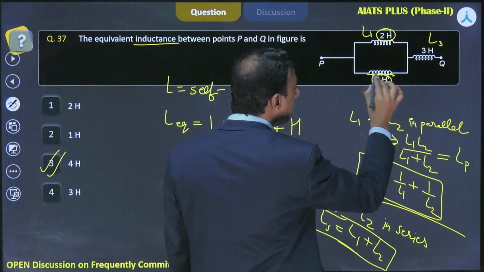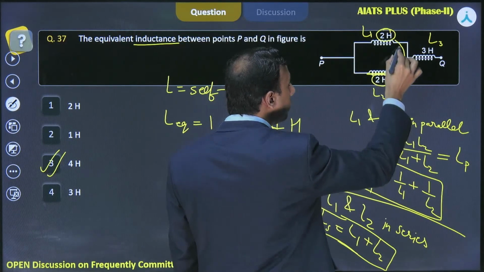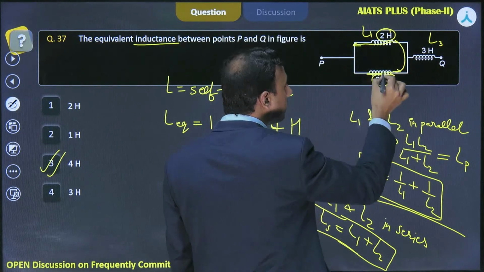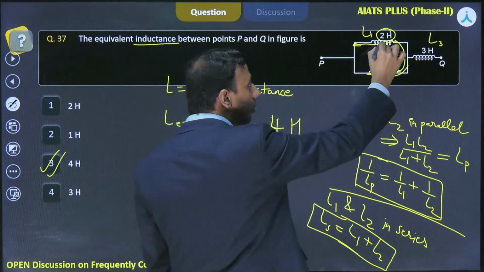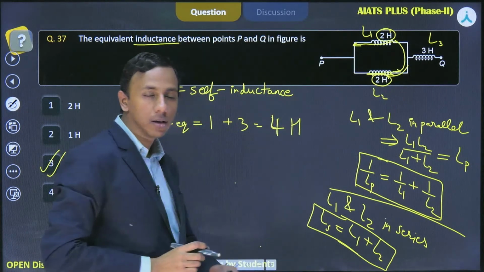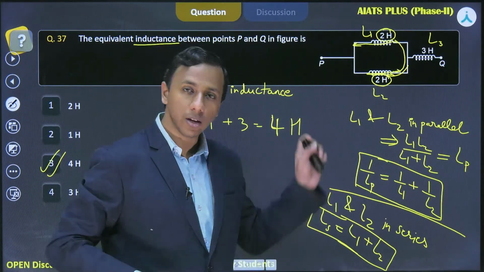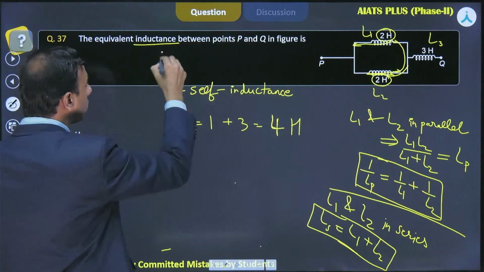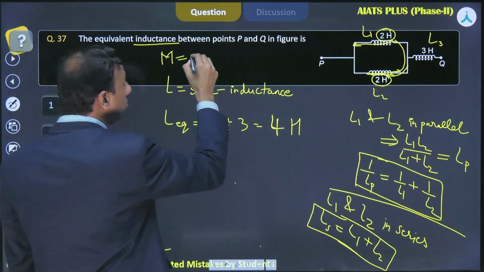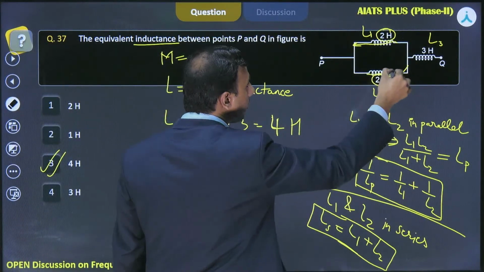So the magnetic field lines which are going through this inductor, if they start interacting with this one, which means they pass through that inductor, or the magnetic field lines of that inductor go through this inductor, which means they are interacting, then mutual inductance will come into play. But here obviously we are neglecting it, all right?